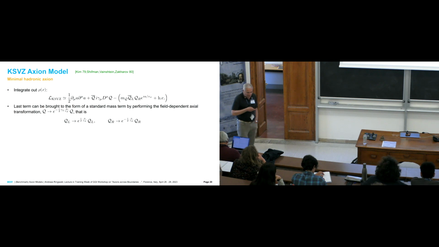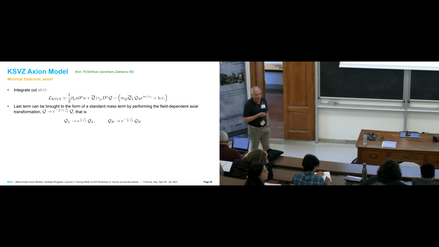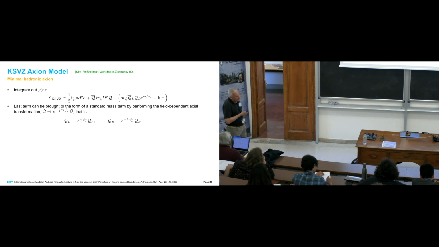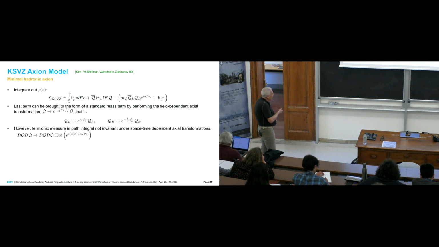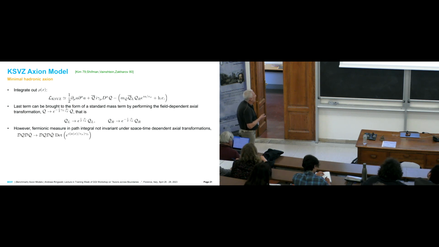However, and Giovanni also mentioned this, the path integral is not invariant under this change. I am not giving the full derivation, but first I want to give a flavor of how this can happen.